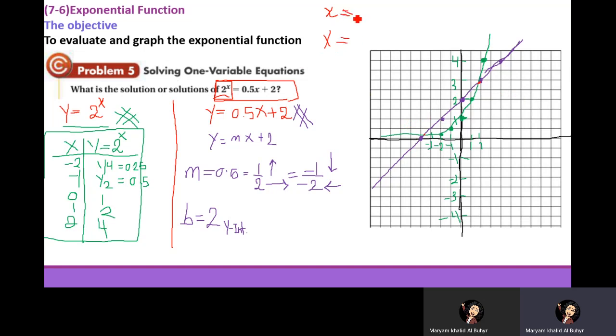Because you are not a graphing calculator, you will try to estimate it. So you will go and see here, what is the estimation for this one? It is about 1.8. So if you put for me 1.8, 1.9, if I see your graph is correct, that means you understand the idea.